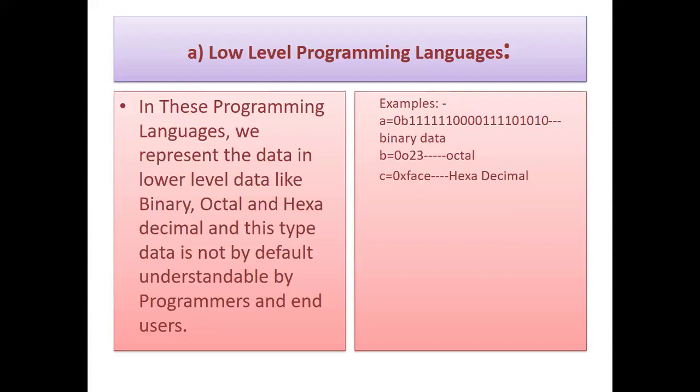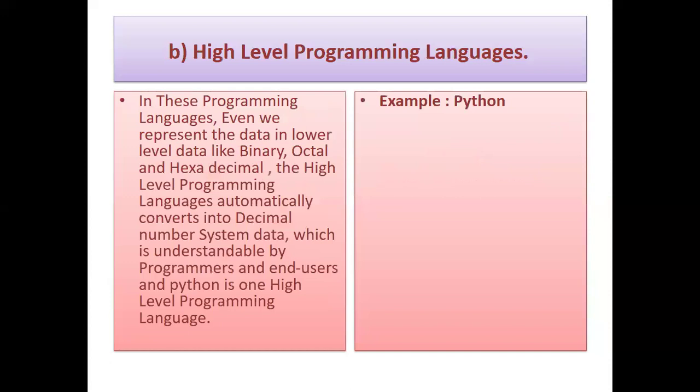Does everyone understand the binary language? No. Does everyone understand the octal language? No. Not even the hexadecimal, right? But when we talk about Python, it converts the low-level programming language to the high-level programming language so that everyone can understand this, the programmer also and the end user also.